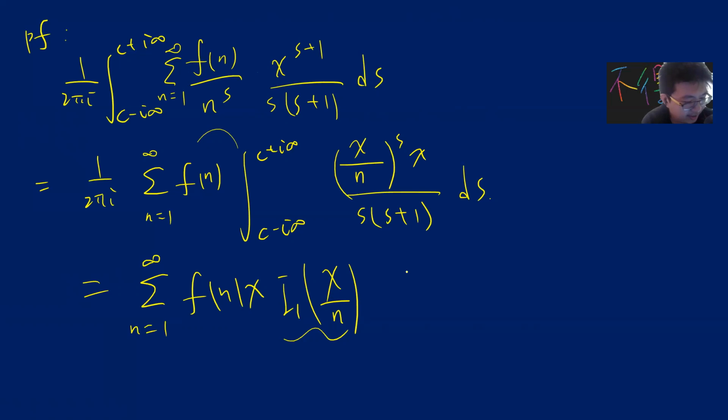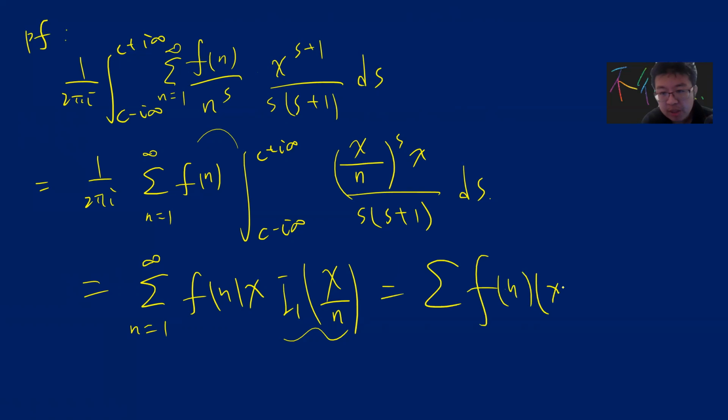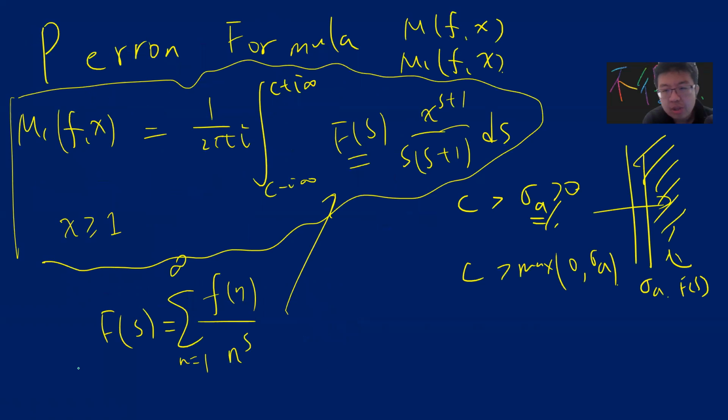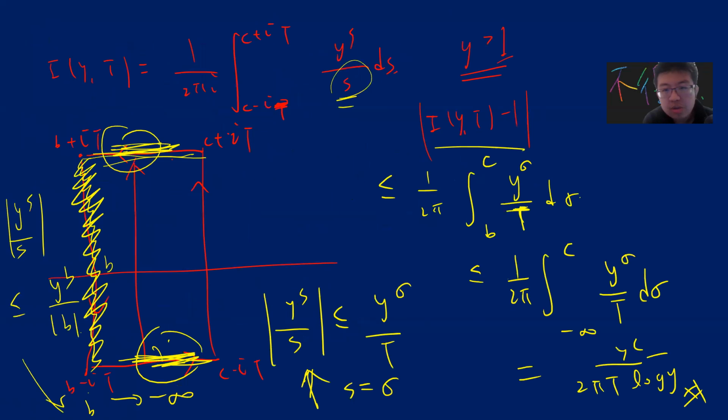So this is just f of n times x minus n, because it is x times 1 minus n over x, as we previously proved. So you will use this, and we get n less than or equal to x. When n is equal to x, remember our condition.